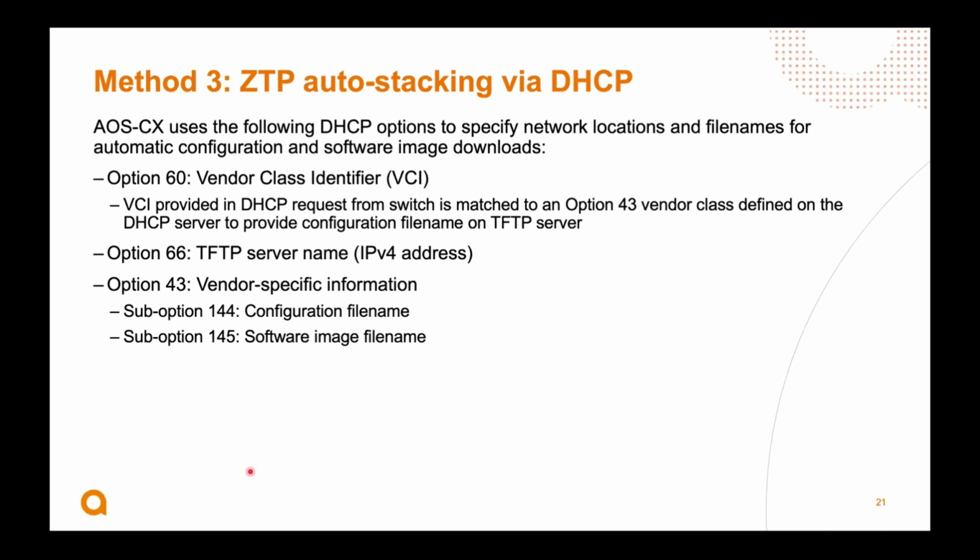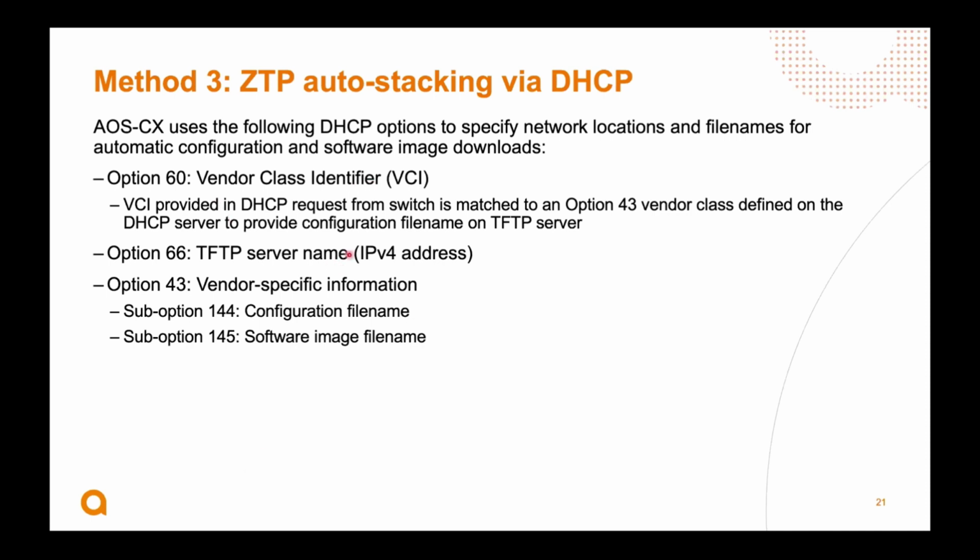So option 60 is the vendor class identifier. This is provided by the switch in its DHCP request to the server, and that is matched to a corresponding vendor class, option 43, on the DHCP server to provide the configuration file name and/or software image file name as sub-options for option 43.